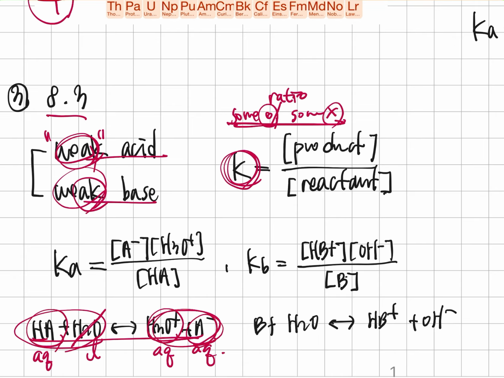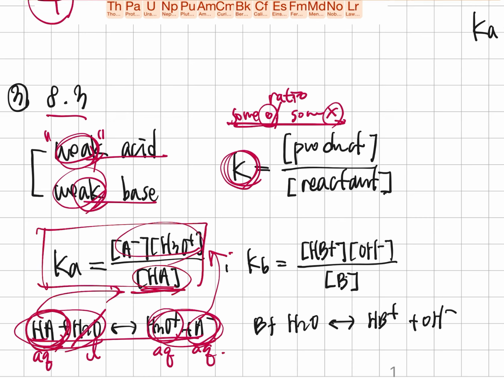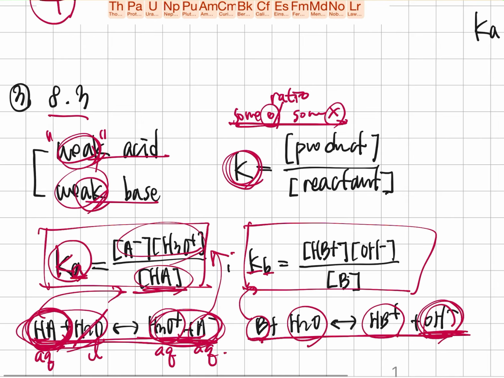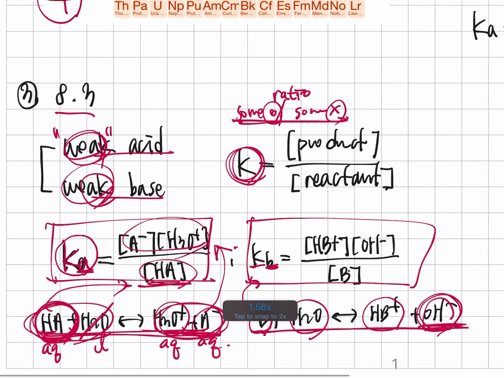We put the products in the numerator and the reactants in the denominator, and this is how you get your K value. Because this is an equation of an acid dissociating, it's called Ka for acid, and this one is based on an equation of a base forming, so it's called Kb for base.